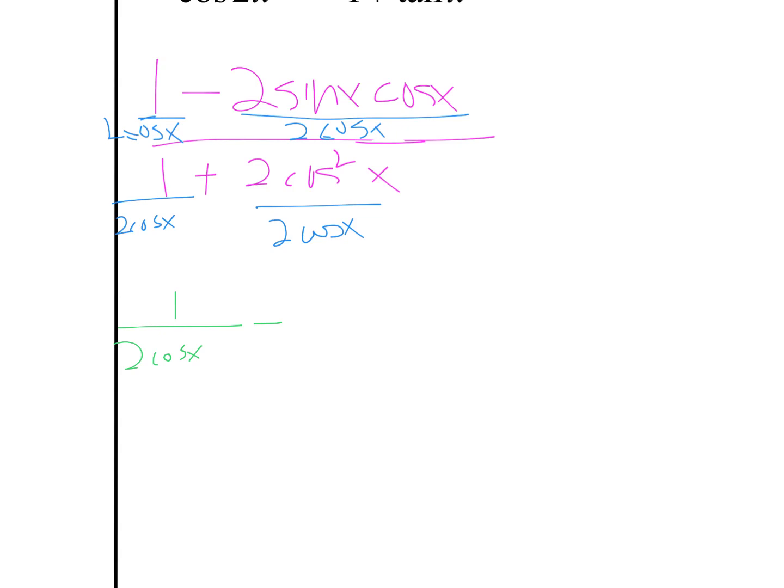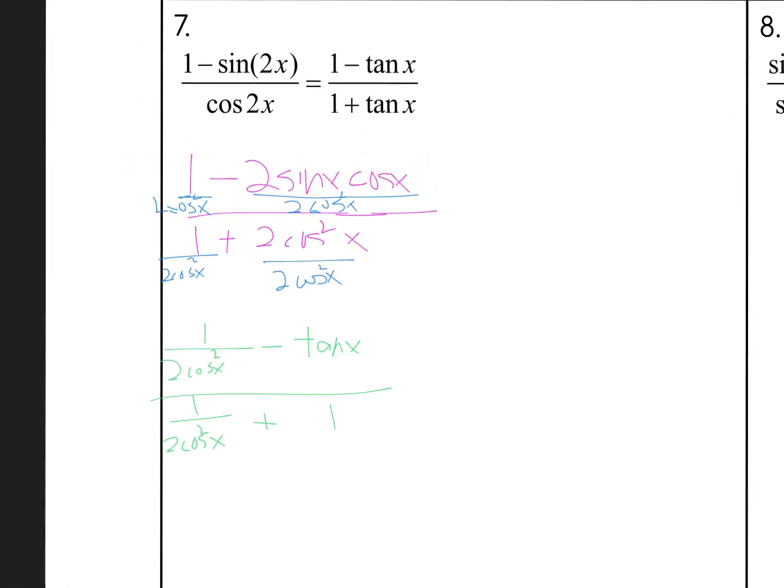So do this just cosine squared. So I'm going to have that minus, that's just the tangent. And then over 1 over 2 cosine squared plus 1. Now I need that tangent.